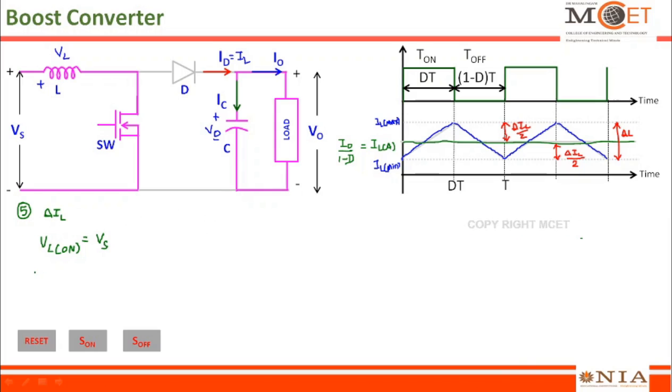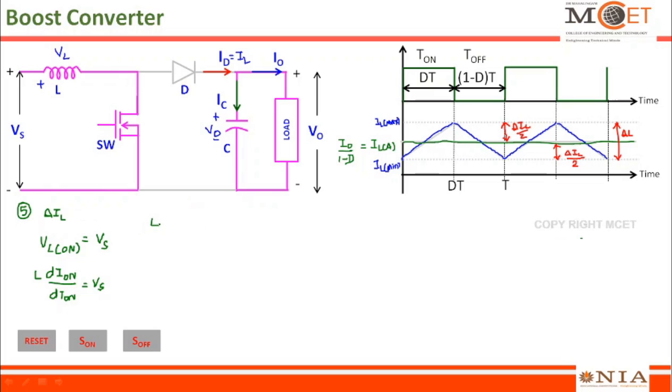Now this VL can be written as L into di on by dt on, which is equal to Vs, since it is in the on condition. Di on is nothing but this part, which is equal to delta IL.